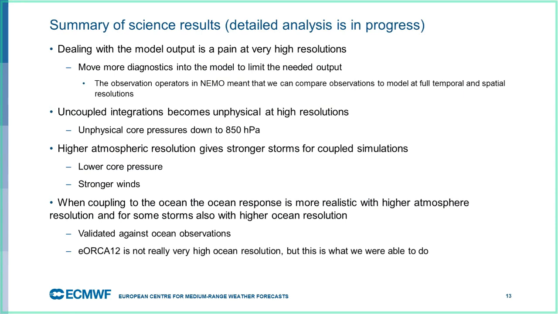And when we have this fully coupled system, what we do see is we get much better winds, we get much better core pressure. So it's not just lower core pressure and stronger winds, it actually fits with observations. So this means that the model can actually do this simulation extremely well, and resolution will help.